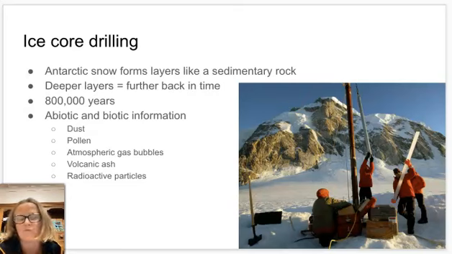The deeper layers are really old, the surface layers are much newer, and in amongst all of that you can see dust and pollen, and you can even get bubbles of ancient gas from atmospheres, maybe even radioactive particles, all trapped in there in an order that gives us a timeline.